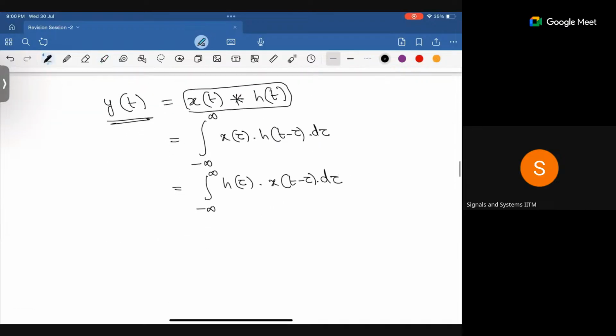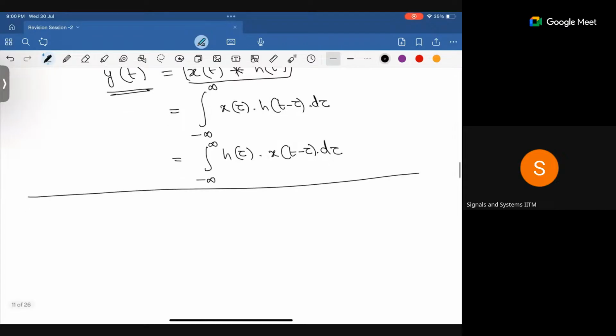Some standard convolutions are here. If I convolve delta of t with any signal x of t, or x of t convolved with delta of t, we will get back the same signal.